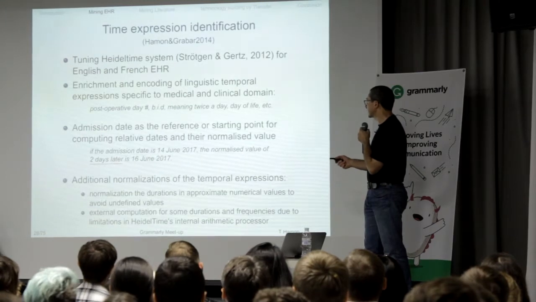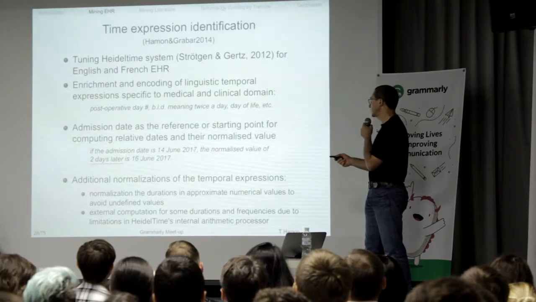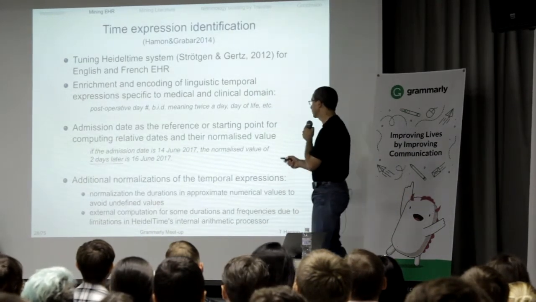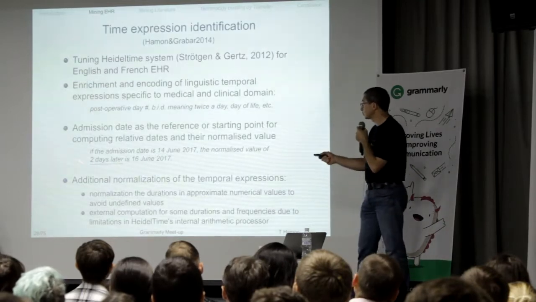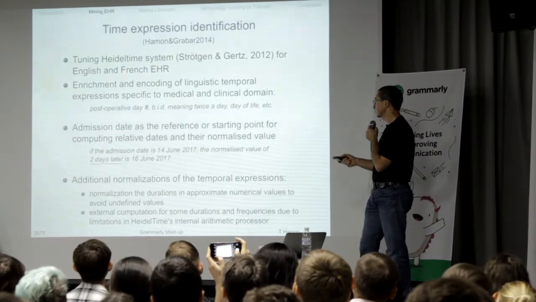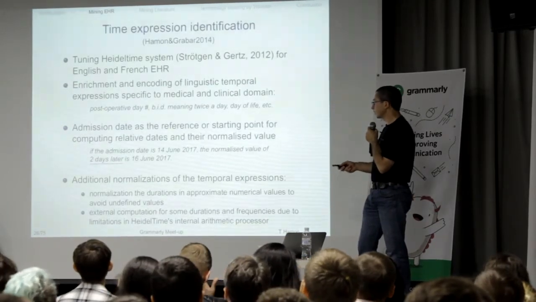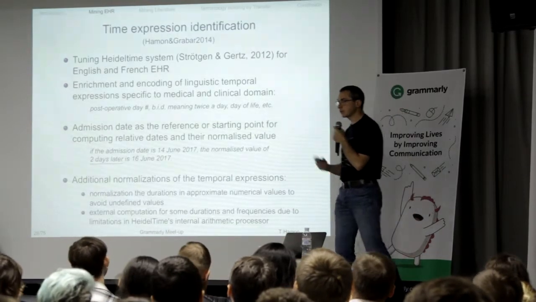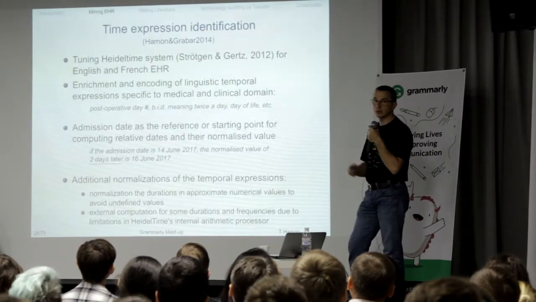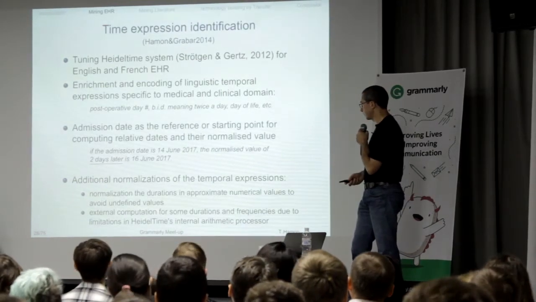For instance, if in the text we have 2 days later and the admission date is the 14th of June, then the 2 days later will be normalized as the 16th of June. And we have some problems with frequency, so we add some external normalization for this kind of problem.